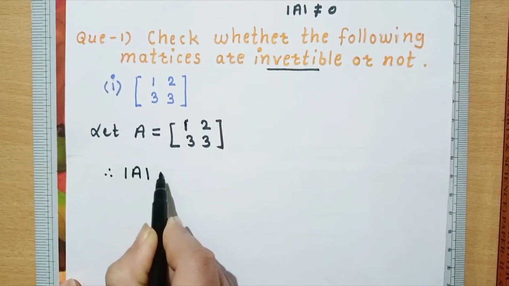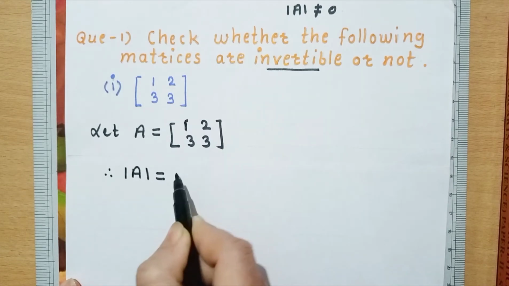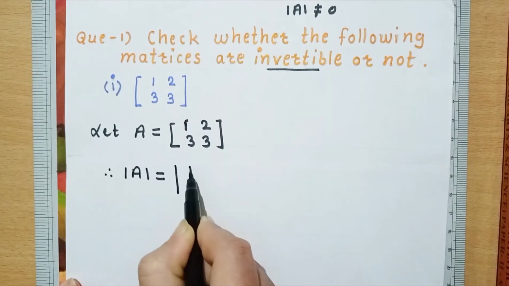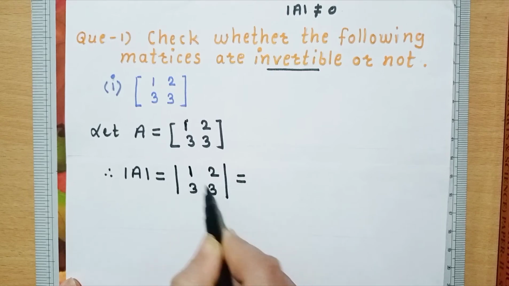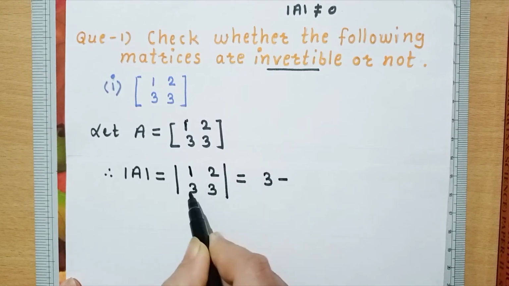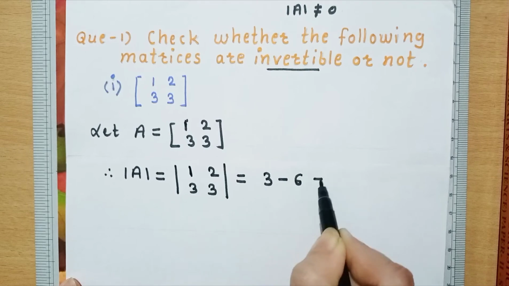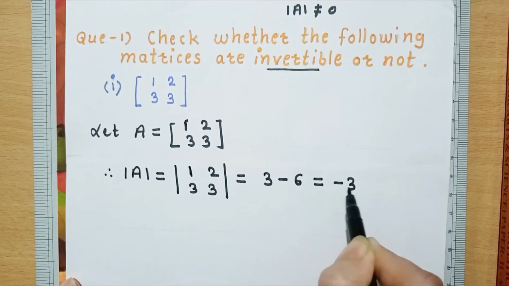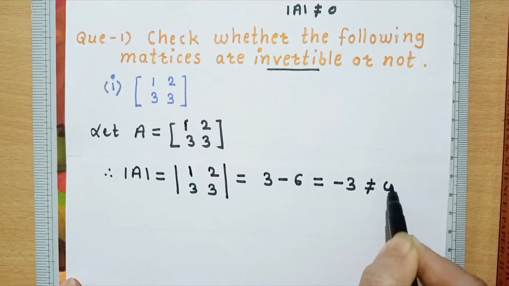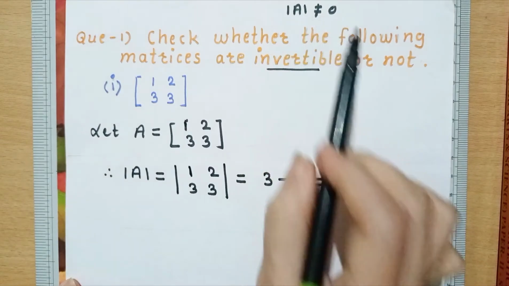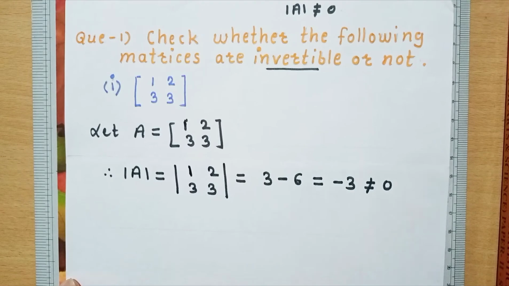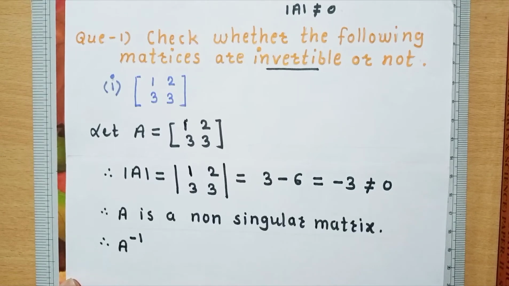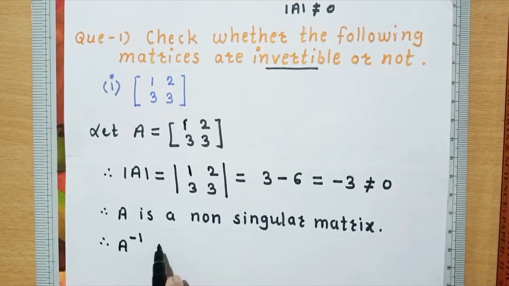Determinant of A is equal to, we write this as a determinant. Now the first number is 1, cross multiply: 3 ones are 3, and then 3 twos are 6. So this is minus 3, which is not equal to 0. If the determinant is not equal to 0, then A is a non-singular matrix and therefore A inverse exists.